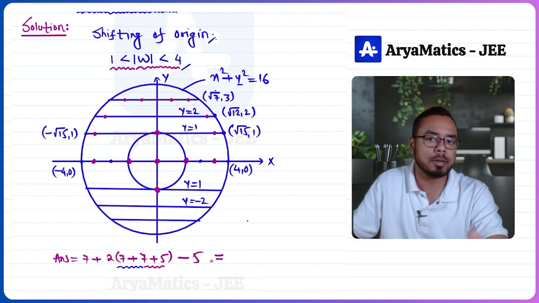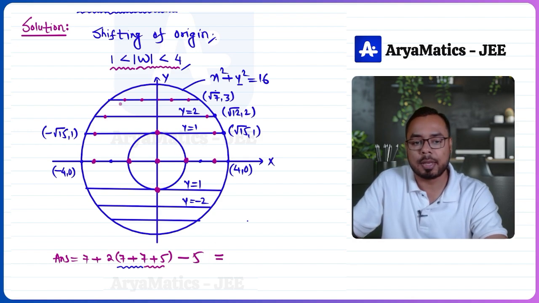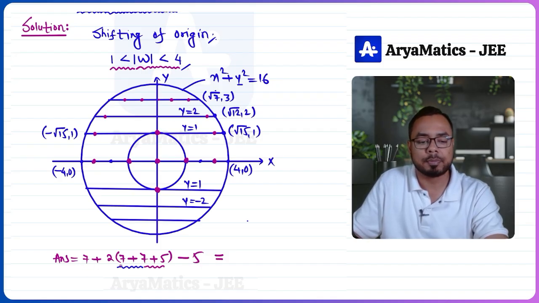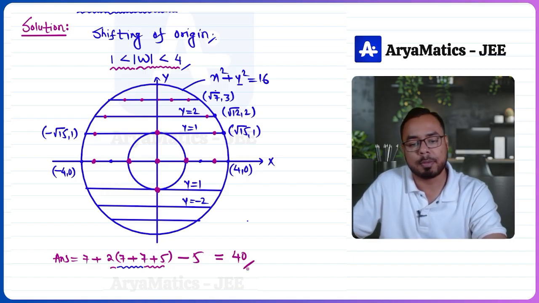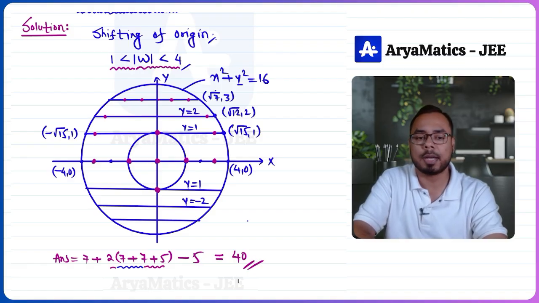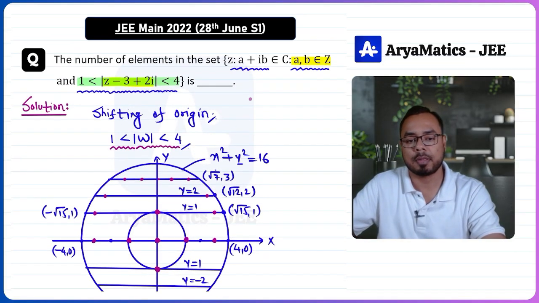So the number of points with integral coordinates outside the smaller circle and inside the bigger circle will be this number. Now 7 times 4 is 28, plus 7 is 35, plus another 10 is 45, minus 5, so that will be 40. So that should be the correct answer for this problem.